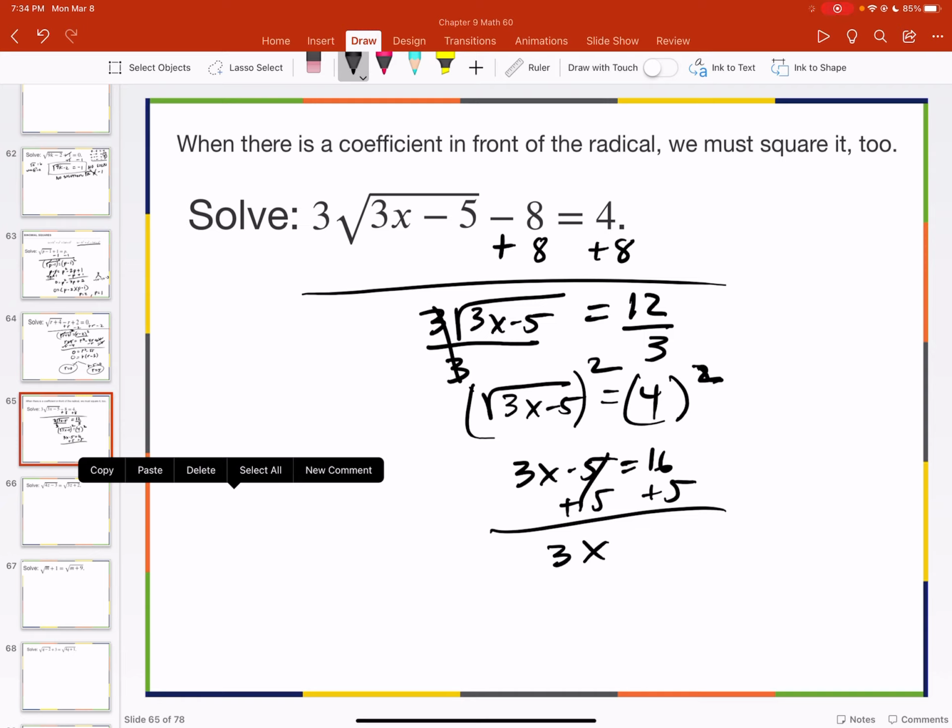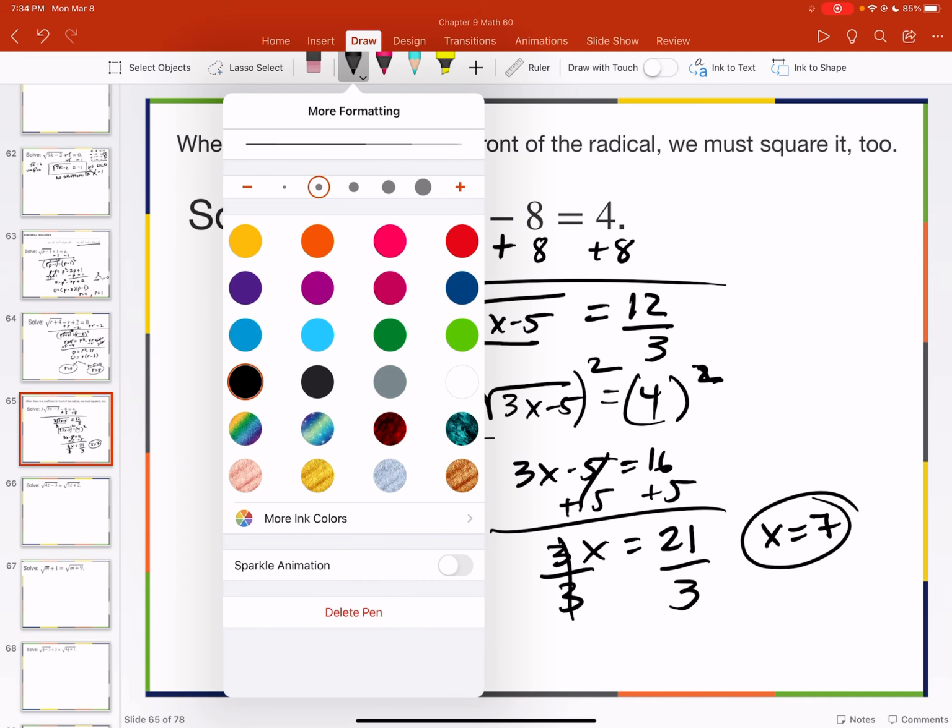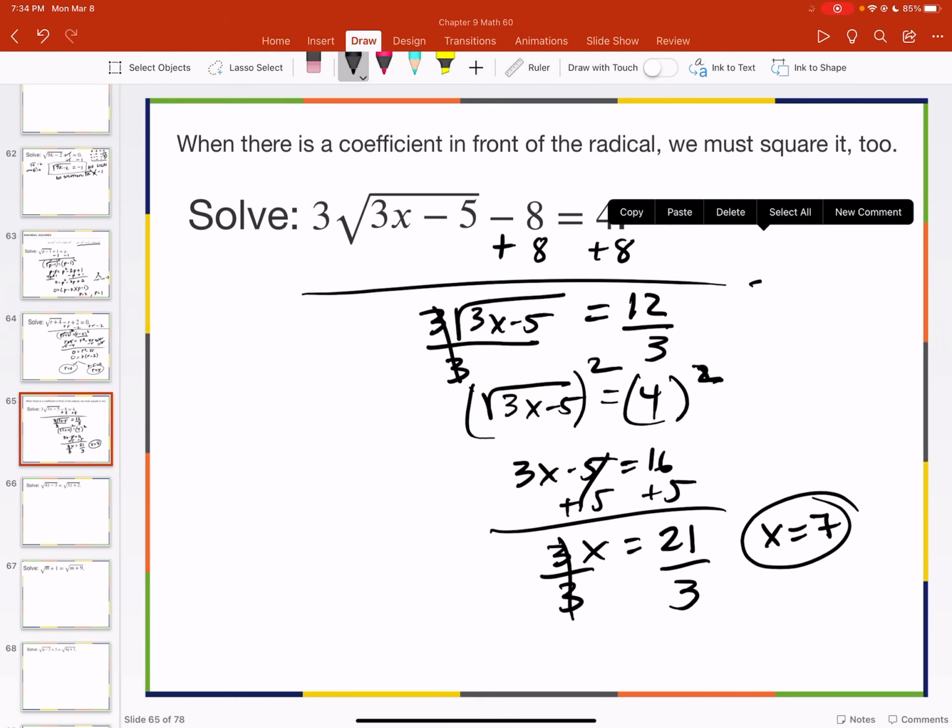Now, what if it didn't divide nicely like that? Like, what if it was something different, where you had, let's say, 7 square root of x minus 1 equal to 12 or something. Then you wouldn't divide by 7.